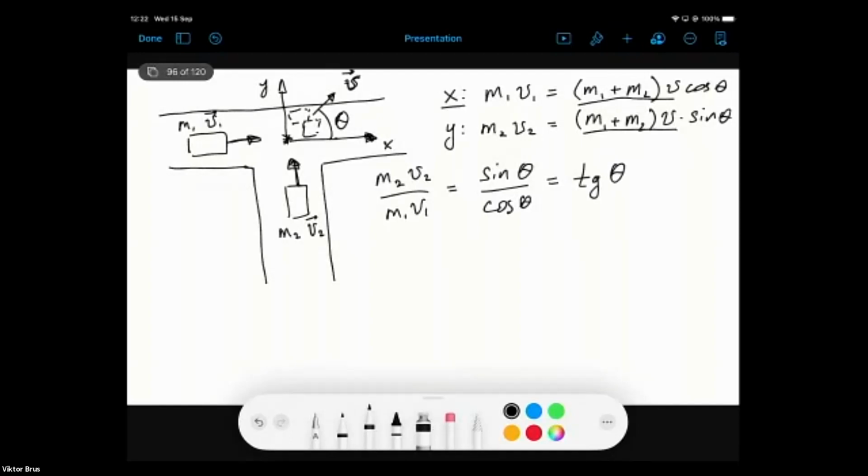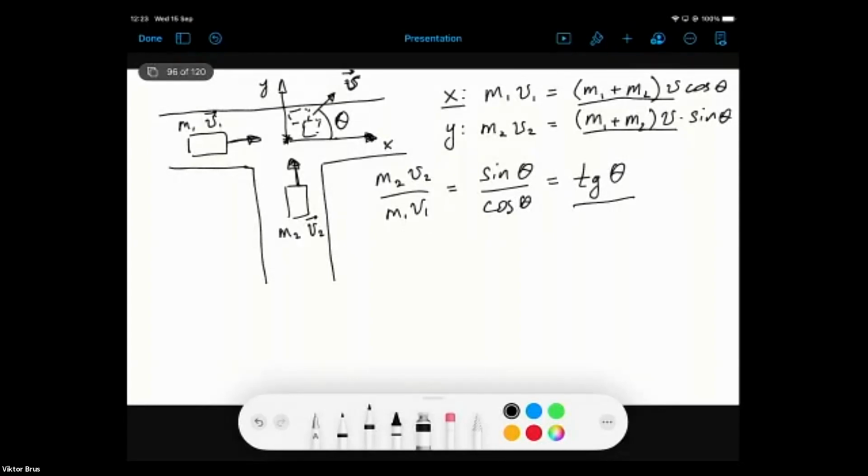So we can already define the angle at which these two cars will move after collision, and that is defined by the ratio of the initial linear momentums of the first and the second car.